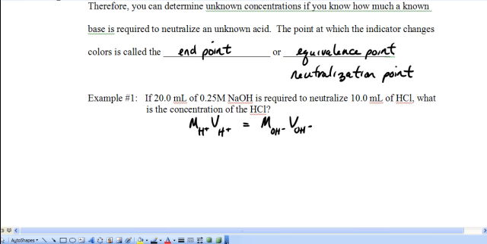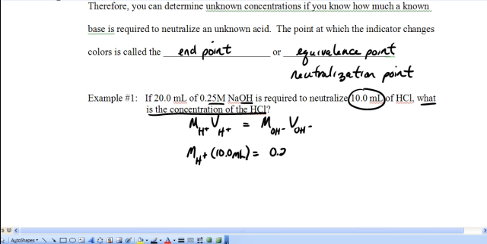The concentration of the hydrogen, we don't know what that is. The question says, what is the concentration of our acid? So, we don't know what that is. The volume of the acid is 10 milliliters. The concentration of our hydroxide, well, it's 0.25 molar and you only have one OH, so it's going to be the same concentration. So this is 0.25 molar hydroxide, and the volume of that hydroxide is 20 milliliters.